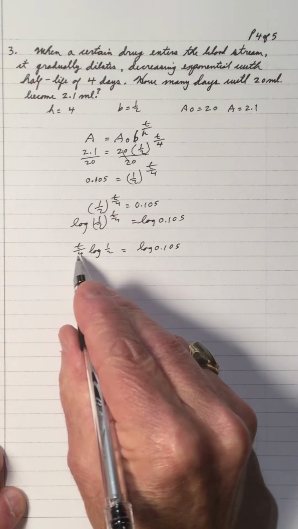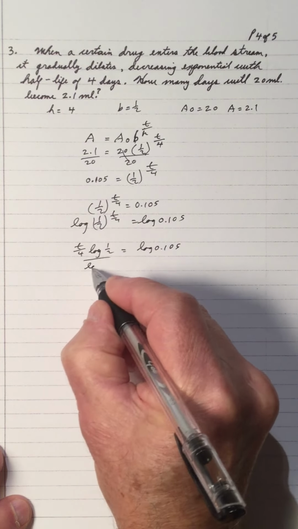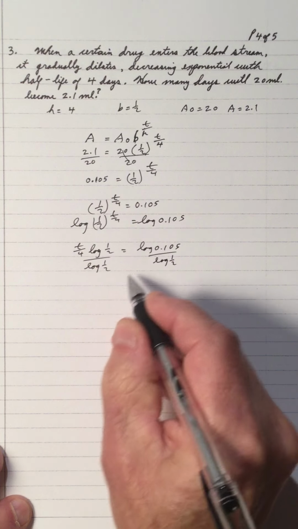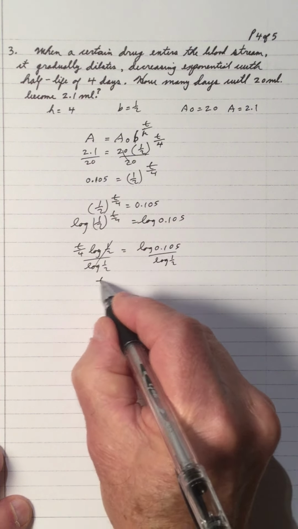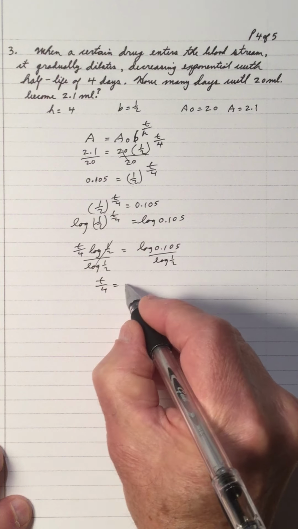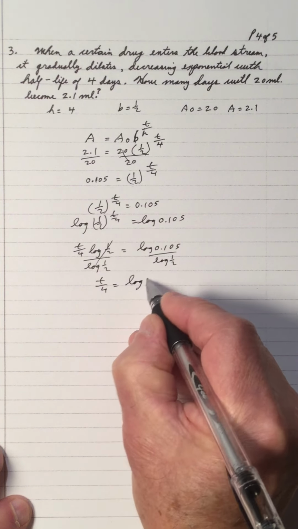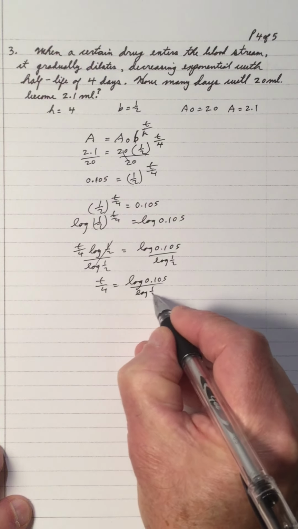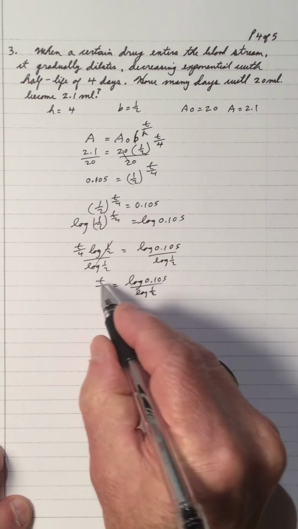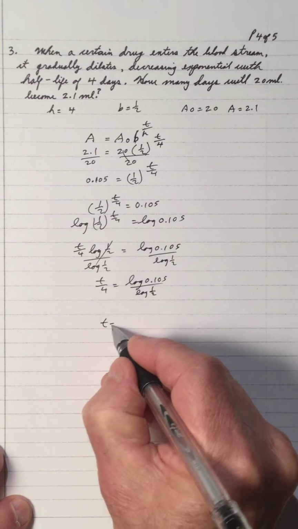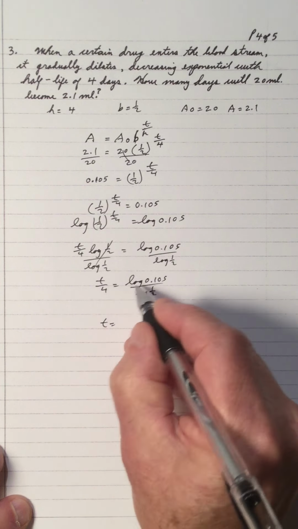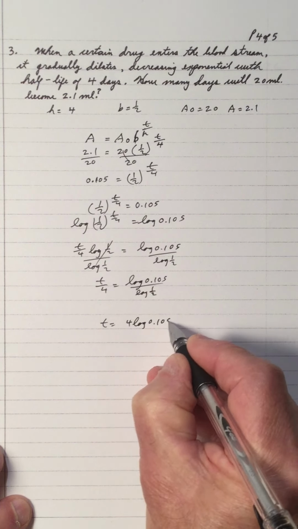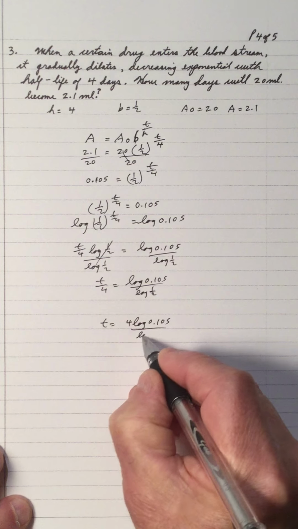Now I want to solve for t, so I'll divide by log of half on each side. It cancels, so I get t over 4 equals log 0.105 over the log of a half. So t is equal to 4 times log 0.105 divided by the log of a half.